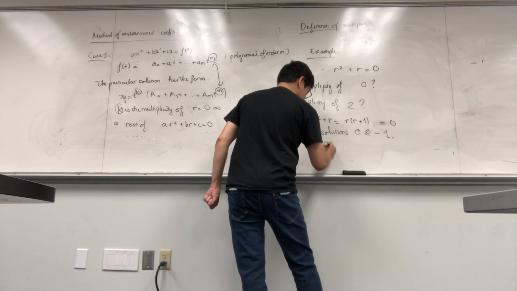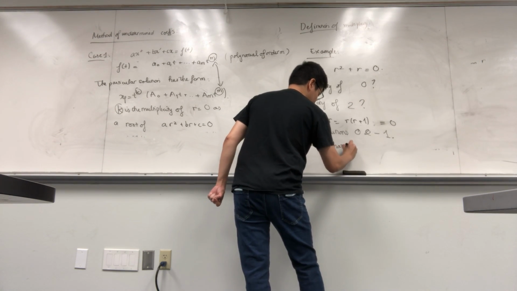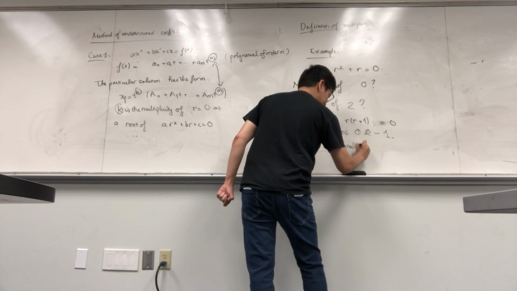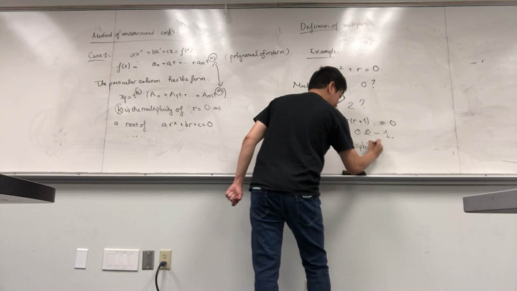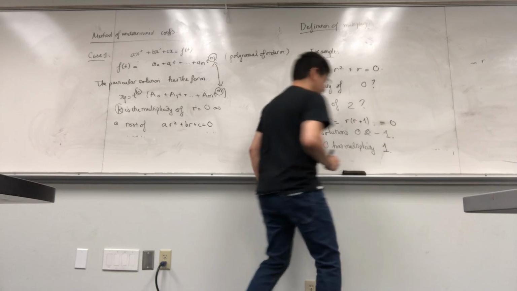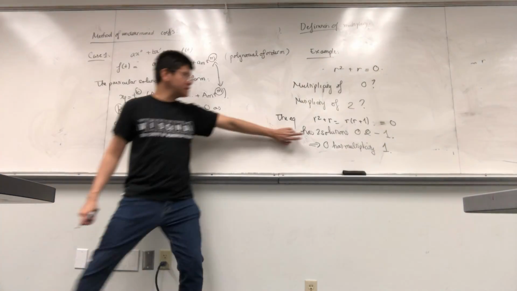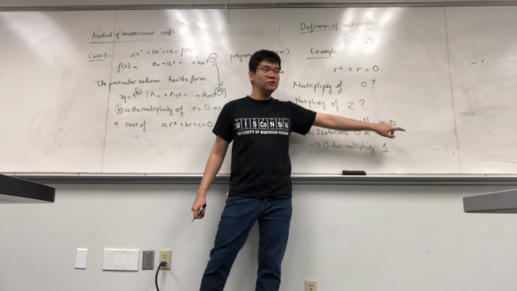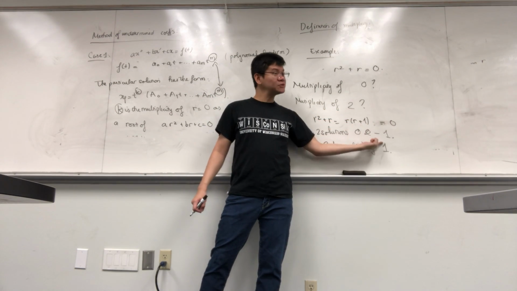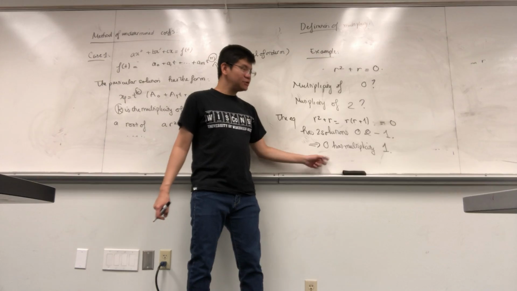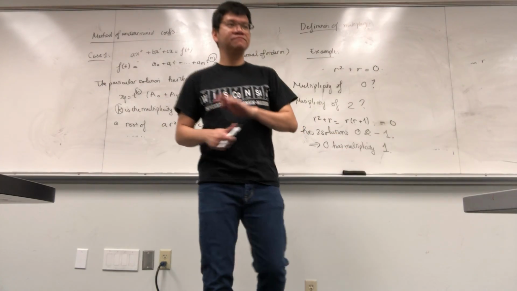So 0 has multiplicity 1. Because this equation can be factorized as r times r plus 1 is 0, you have two solutions, 0 and minus 1. So basically 0 has multiplicity 1.